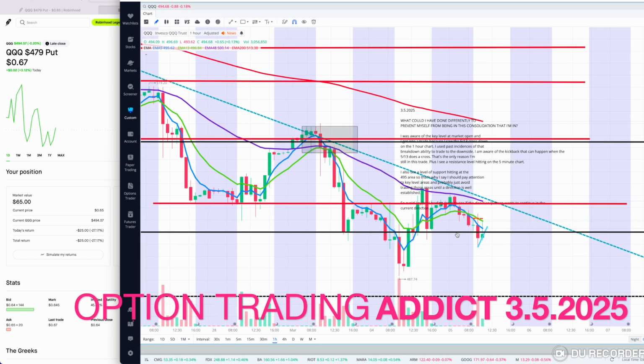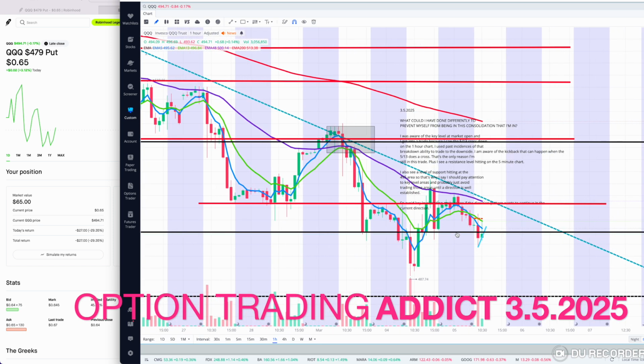One thing that I do know, a 513 cross can never be valid if a reversal is trying to happen. I need to write that down. I'm going to type this in my phone.